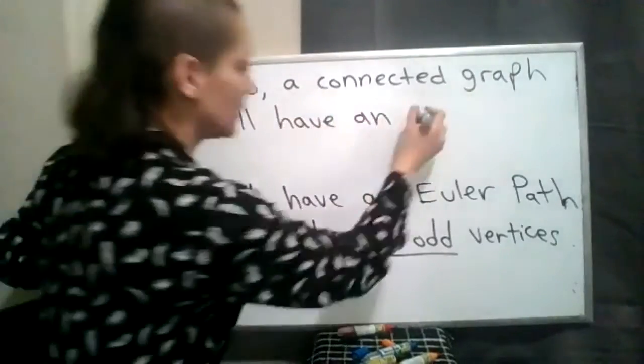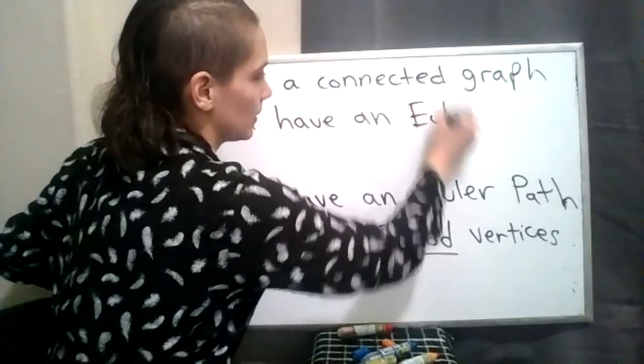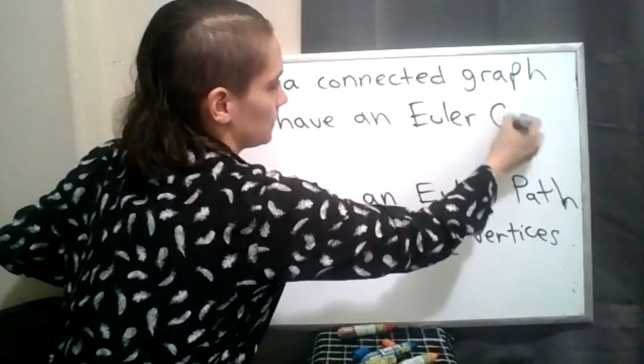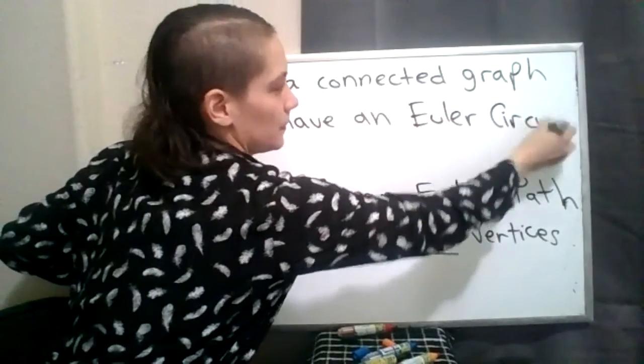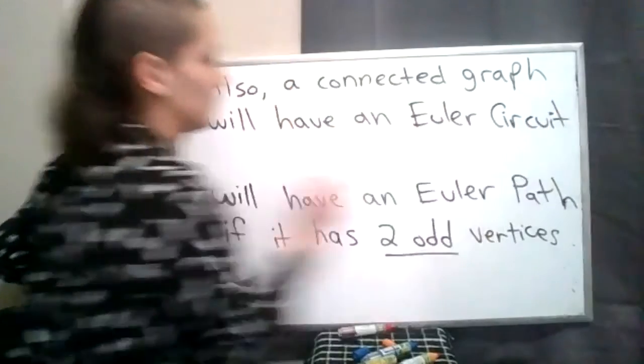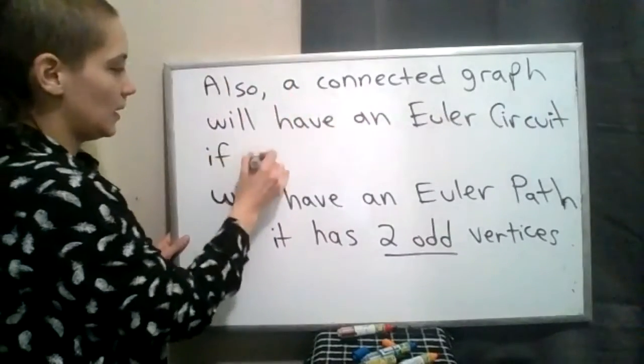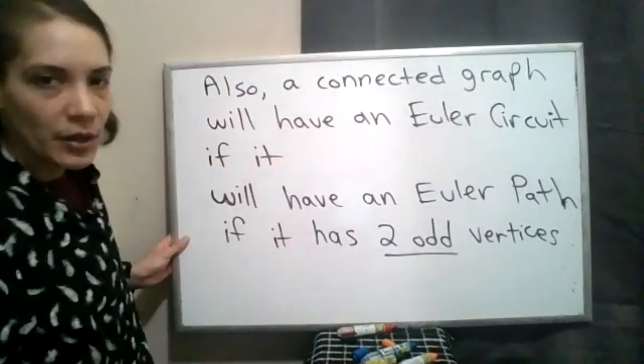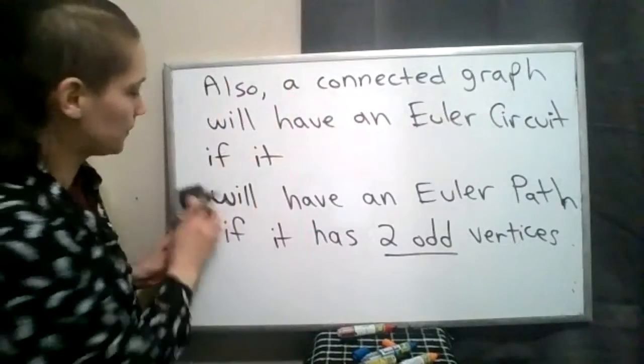Euler circuit, if it has 0 odd vertices.